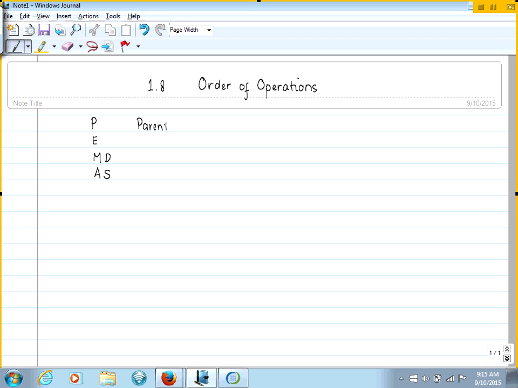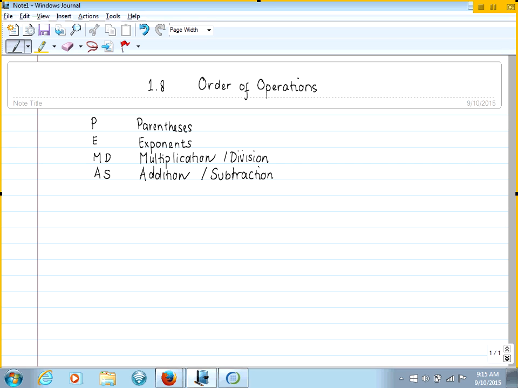So P is parentheses, E is exponents, MD is multiplication division, and AS is addition, subtraction. Okay.